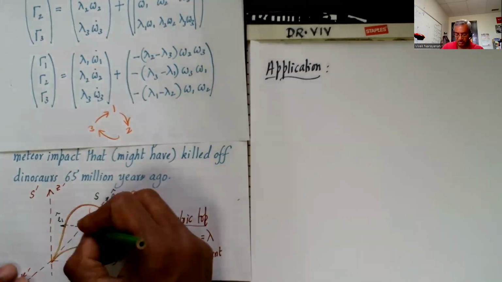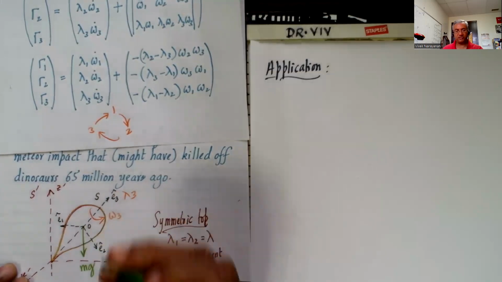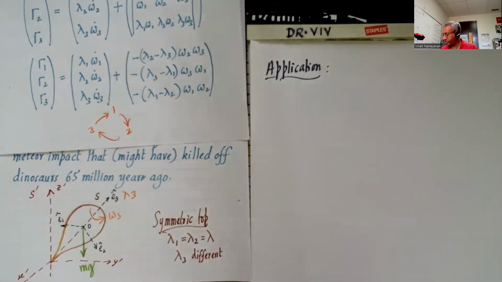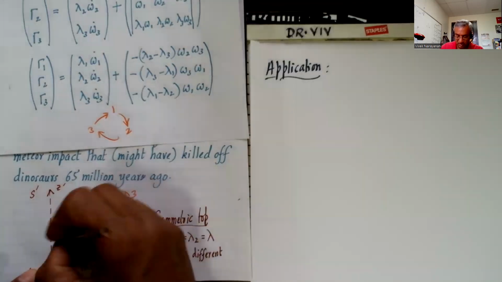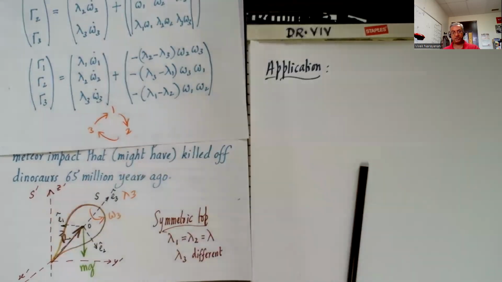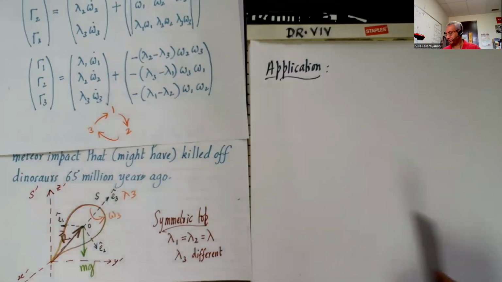It's going to be gravitational in nature, so that's going to be your mg. If you think about what the meaning of torque is, it is this distance r cross mg. Now, I invite you to use your right hand to show that r cross mg is going to be entirely in the xy plane. Because r cross mg is in the xy plane, there is no component of the torque in the z direction.